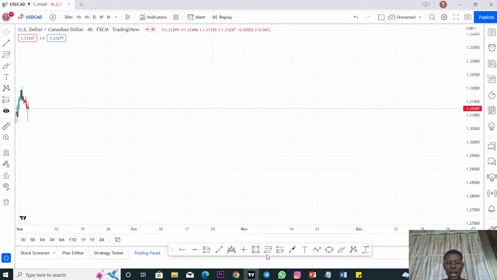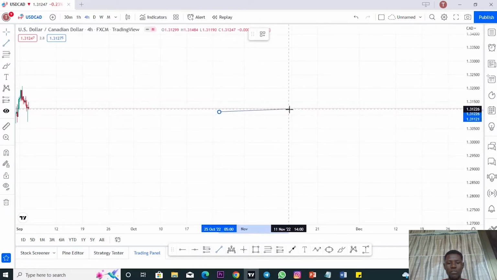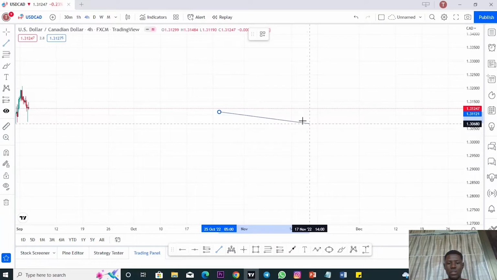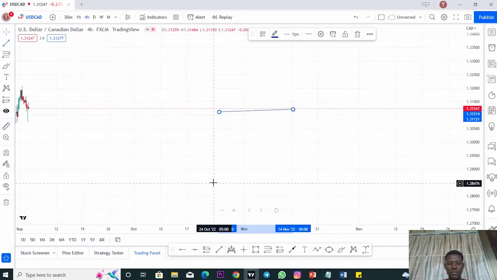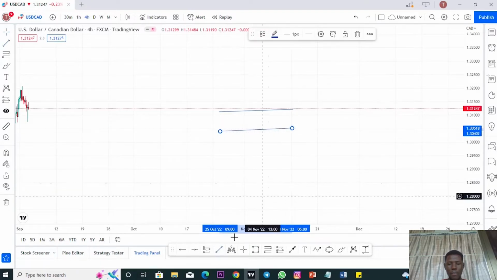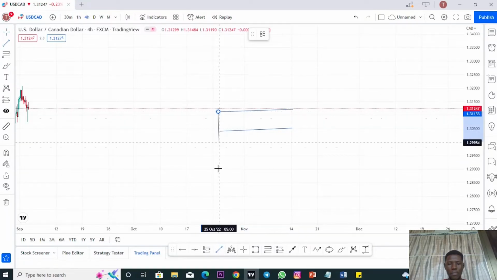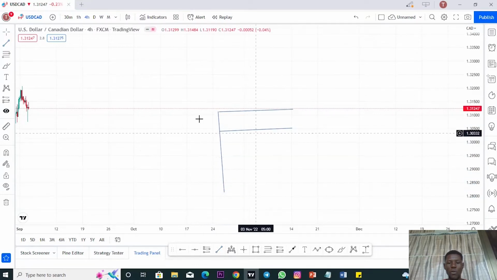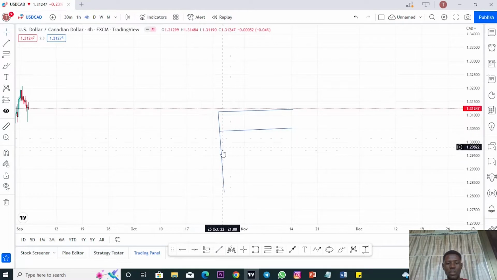This is how it looks like, the normal flag everybody knows.